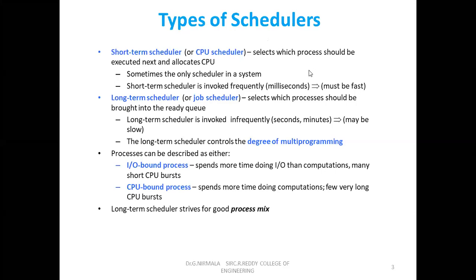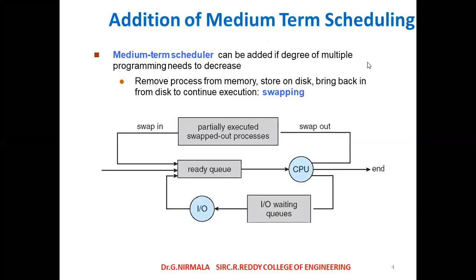Okay, now let us discuss about the medium-term scheduler. The medium-term scheduler can be added if the degree of multiprogramming needs to decrease, because the CPU is always in either the running state or IO transfer.